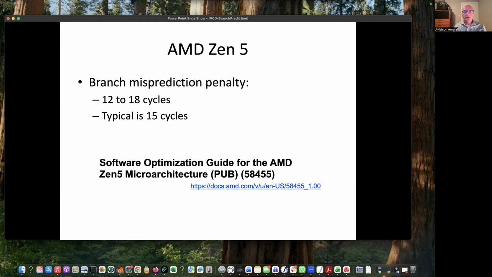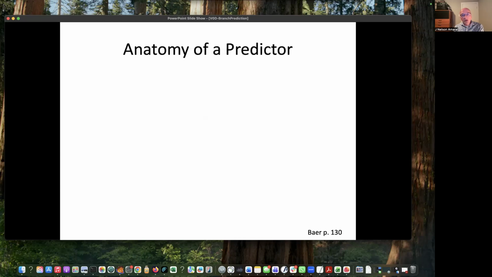And later, when we are discussing other types of branch prediction, we're going to see that some branches can have a high penalty.